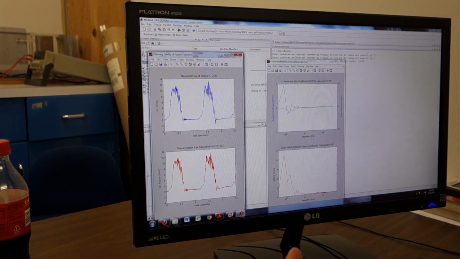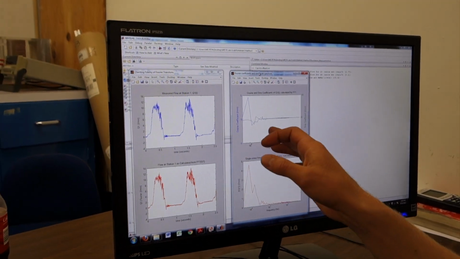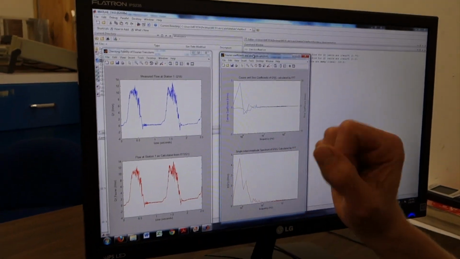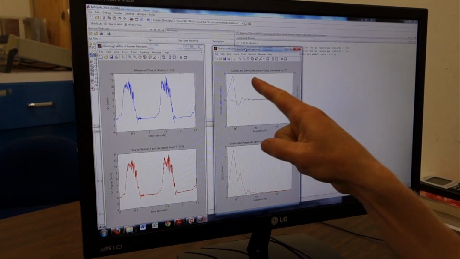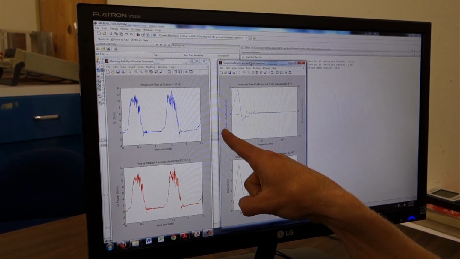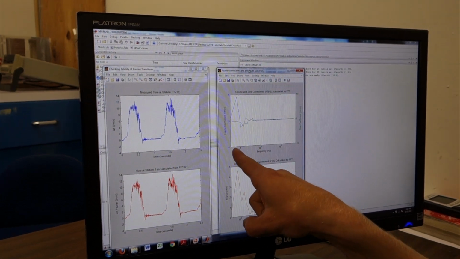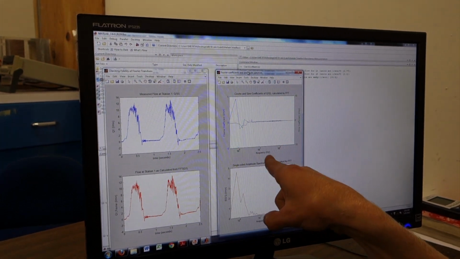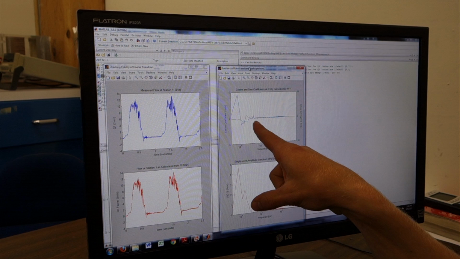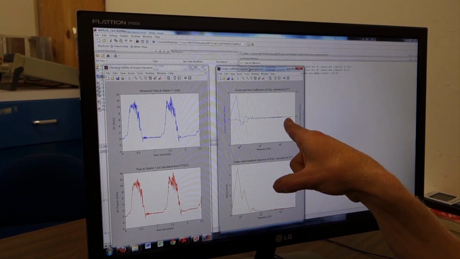If we look at this plot here, these are the coefficients AI and BI of our cosines and sines. The blue line is the BI coefficients of the cosine, and we see that there's a large coefficient at a little bit less than 1 hertz. This is the frequency on the x-axis here. As you go to higher and higher frequencies, there are lower and lower amplitudes of those signals.